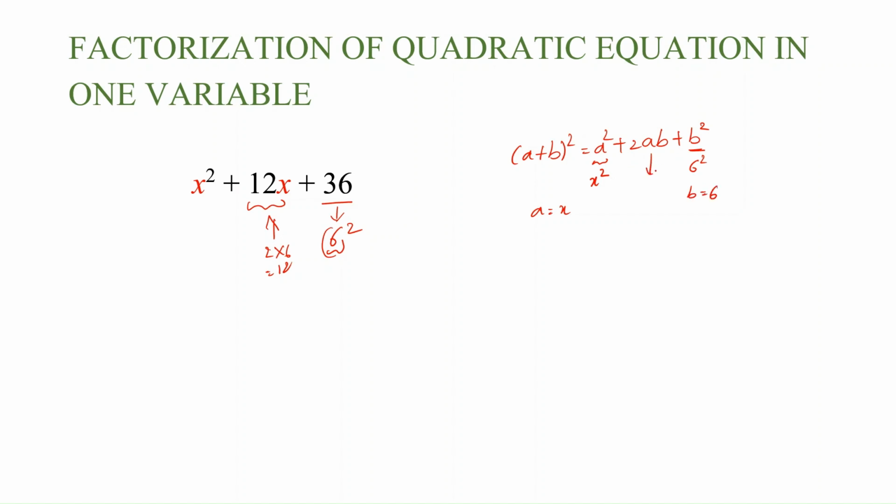In the middle term, 2ab means 2 into x into 6, that is 12x. So using this identity, we can write this as x plus 6 whole squared, meaning x plus 6 into x plus 6. On factorizing the given expression, we get x plus 6 into x plus 6.